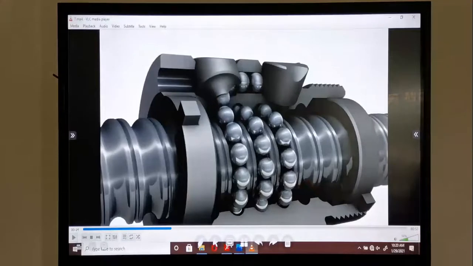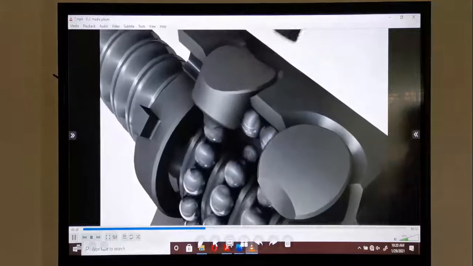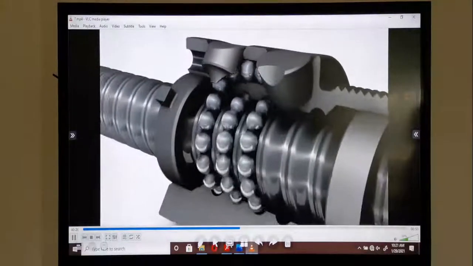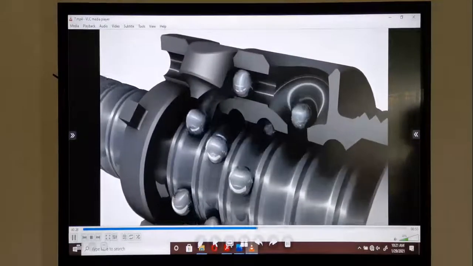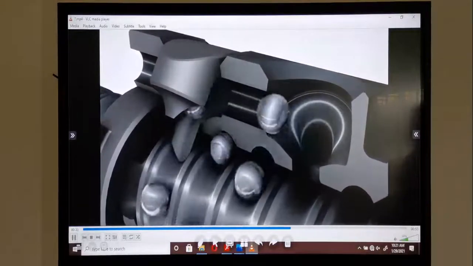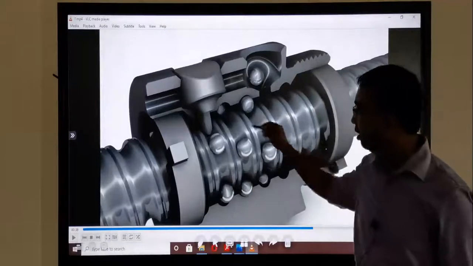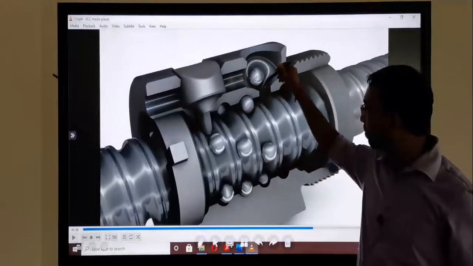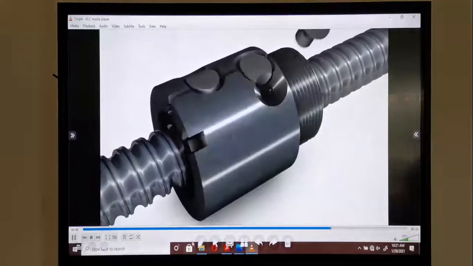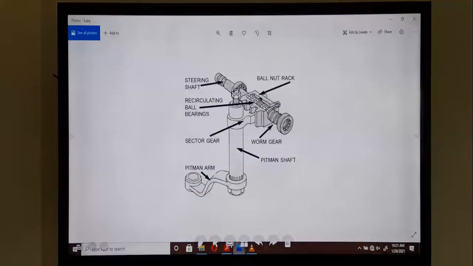That's why this type of steering is called recirculating ball steering. Only this row goes to the bypass lines and drops here. I explained these balls here.